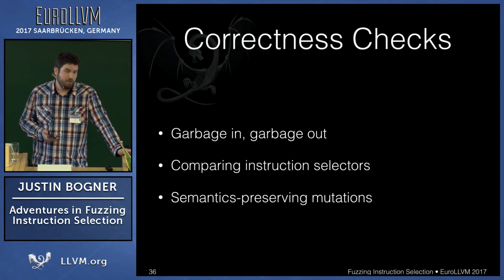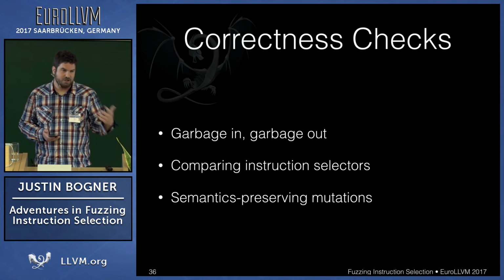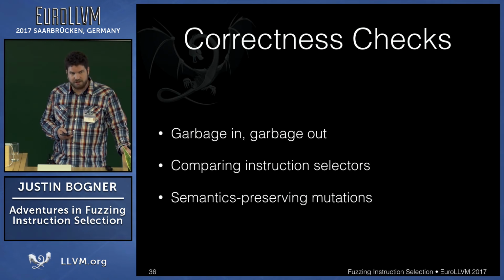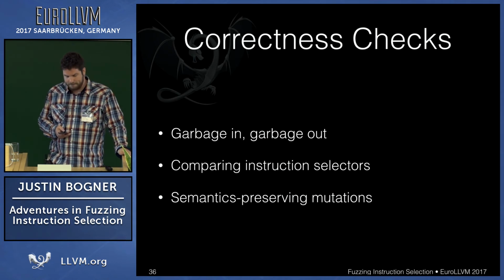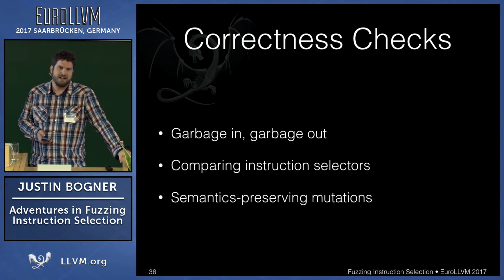Beyond this, it would be nice to be able to check for correctness of the generated code, in addition to just avoiding crashes and finding that kind of issue. Unfortunately, this is actually pretty difficult. The problem stems from the fact that our input is completely random. So even though it's semantically valid, it doesn't have any particular semantic meaning.